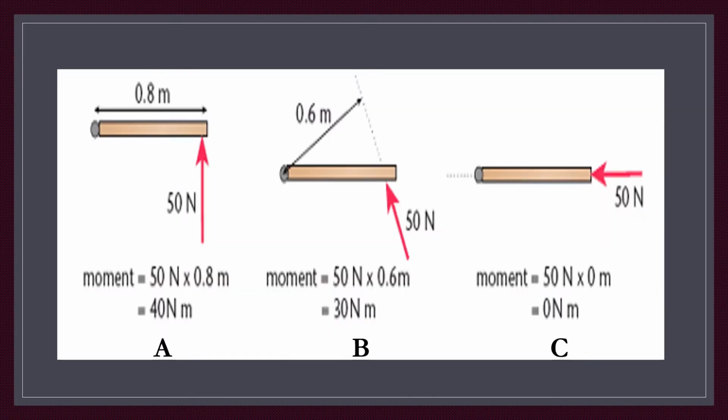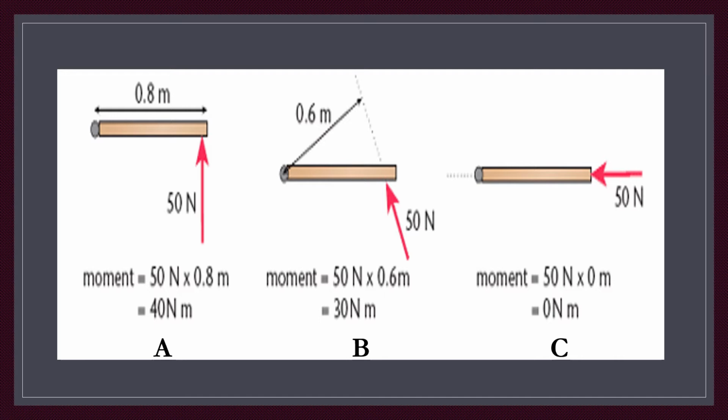Now students, we will look at some problems related to the opening of doors. Look at the first problem. The force is applied perpendicularly at the edge of the door from the hinge.